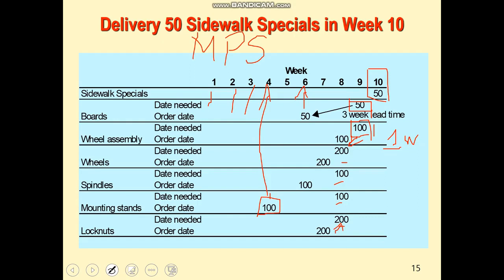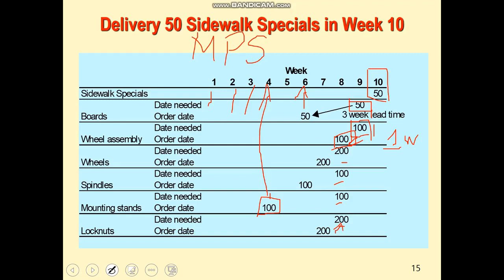We order 100 wheel assemblies to be ready in week 8, and we receive 200 lock nuts, 100 mounting stands, 100 spindles, and 200 wheels in week 8.